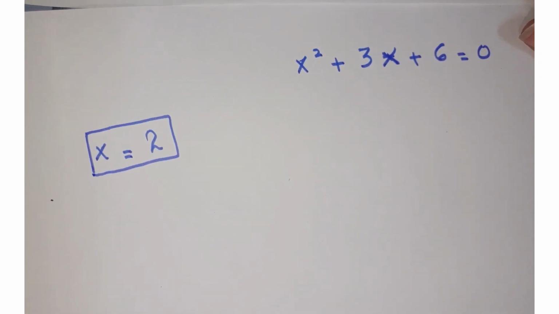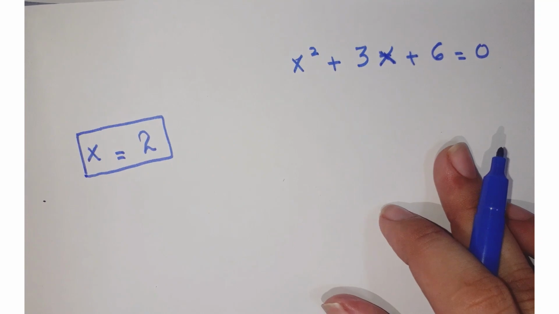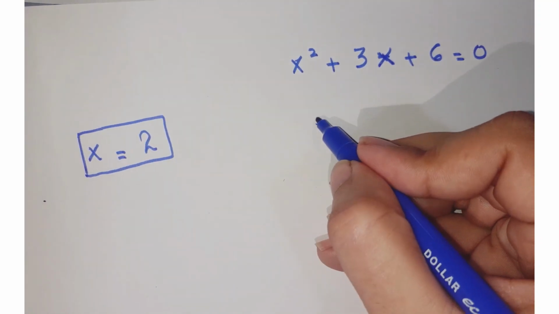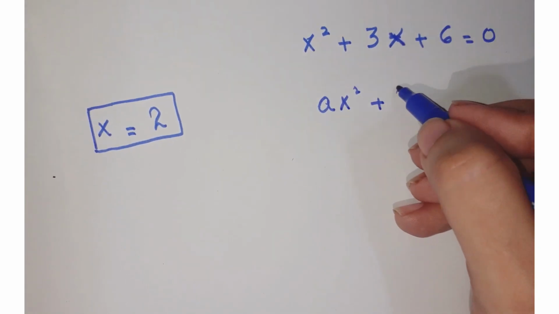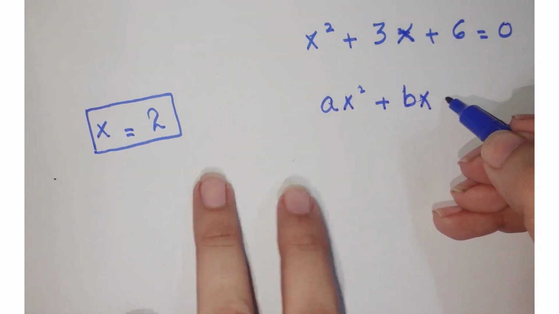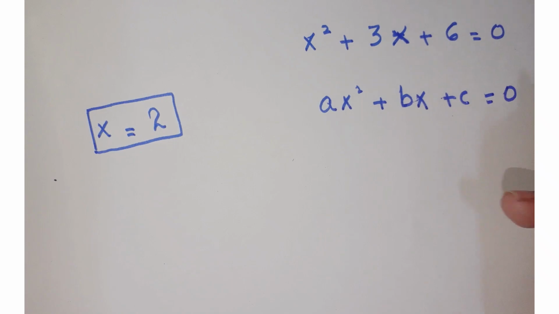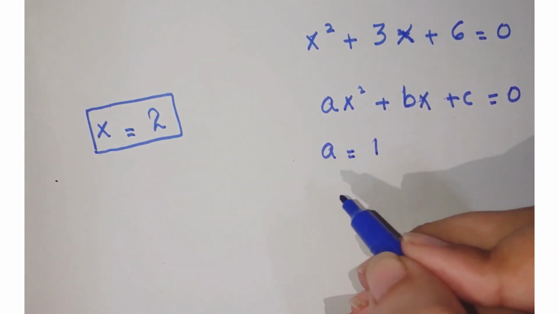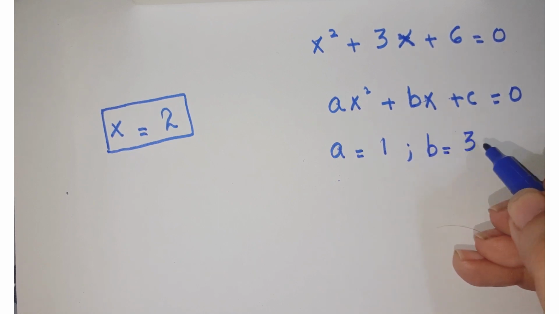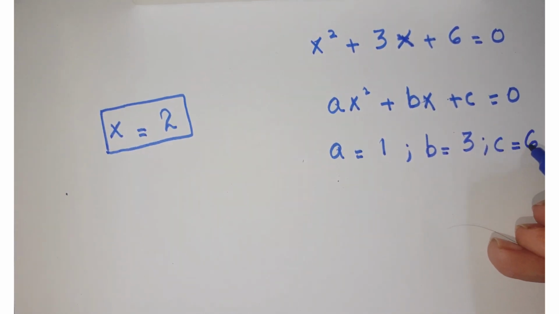Now to find out the solution for x square plus 3x plus 6, comparing this equation with the standard quadratic equation, that is ax square plus bx plus c is equal to 0, we have a is equal to 1, b is equal to 3 and c is equal to 6.